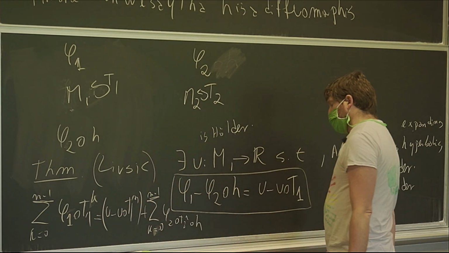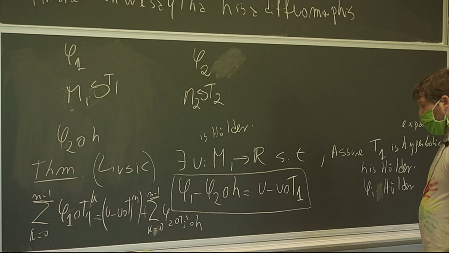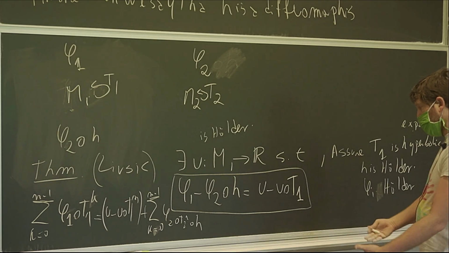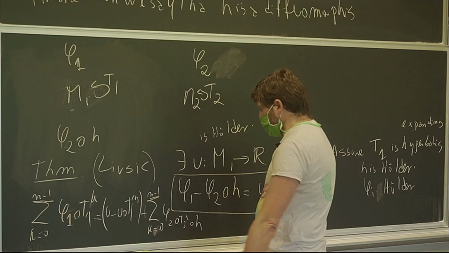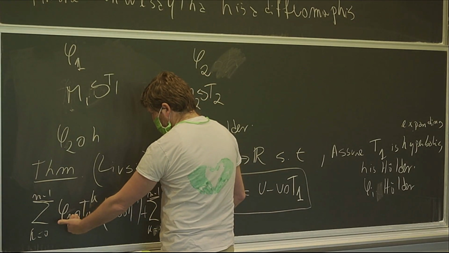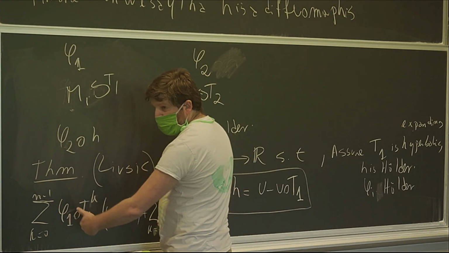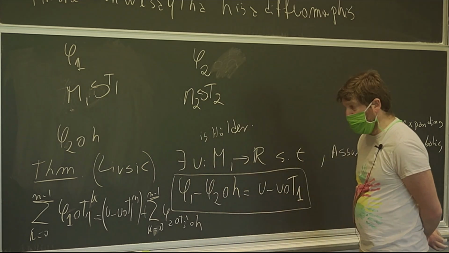And that's the type of agreement that you get from phi1 and phi2. So it's some coarse agreement. So in a coarse sense, you have that these potentials are measuring the same.